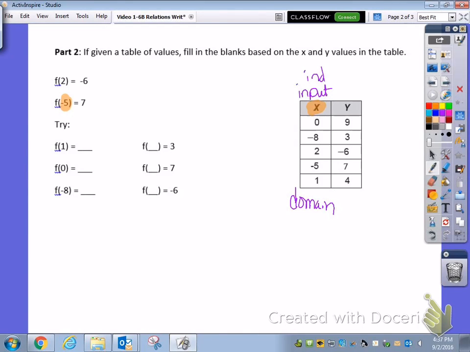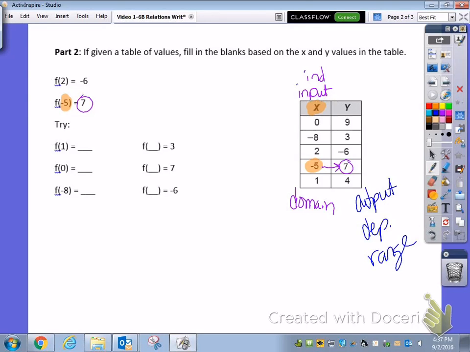And I look for -5 in the x column. Look to see who it goes with in the y column, and it goes with 7. That's why it's a 7. The names for the y column are output and dependent and range. That's vocabulary we talked about yesterday. We've got to know it, okay?